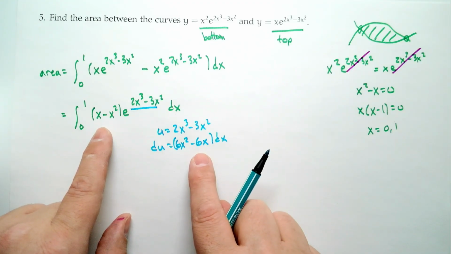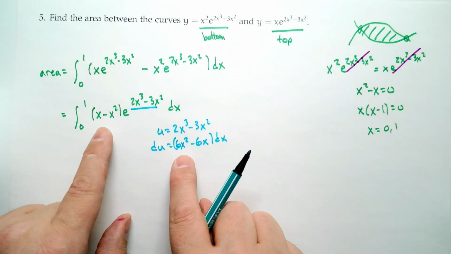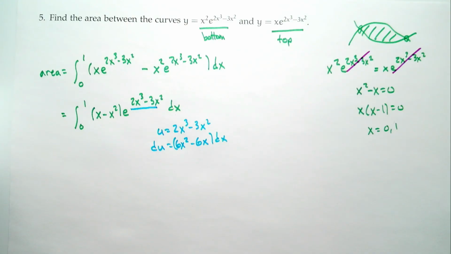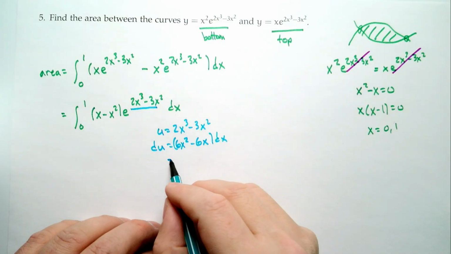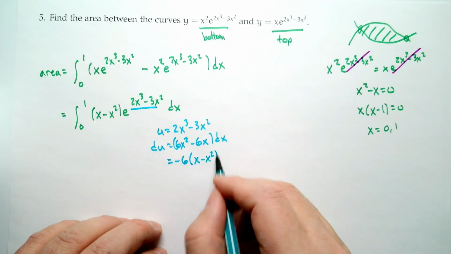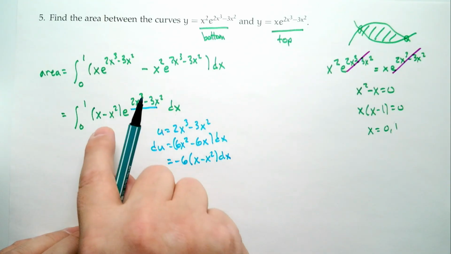That's easy to fix. The other thing is, you'll see one has x squared minus x versus x minus x squared. Well, that means it's off by a sign, or negative. But that's also easy to fix. So what we can do is pull out a negative 6 here, and this becomes x minus x squared dx. And now we're happy, because x minus x squared dx is what we want.